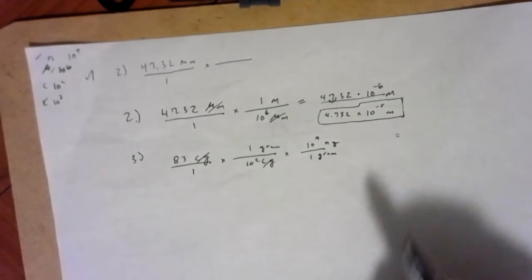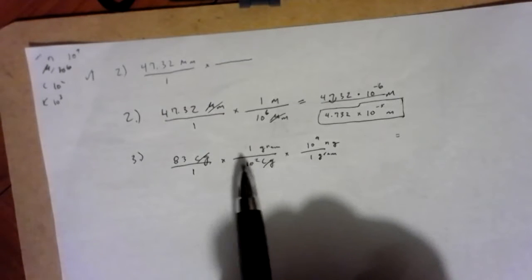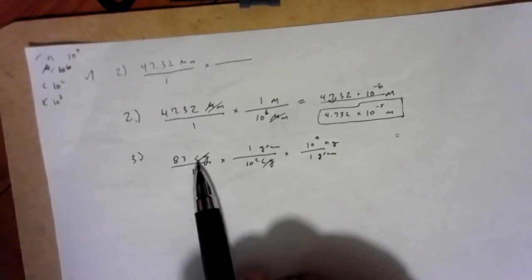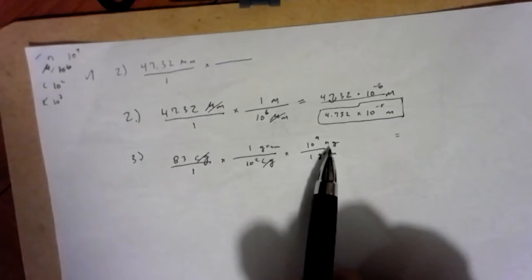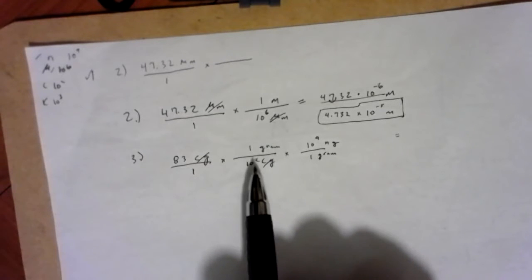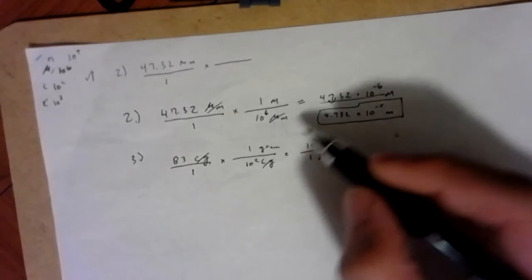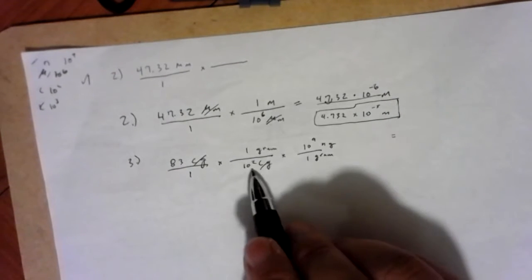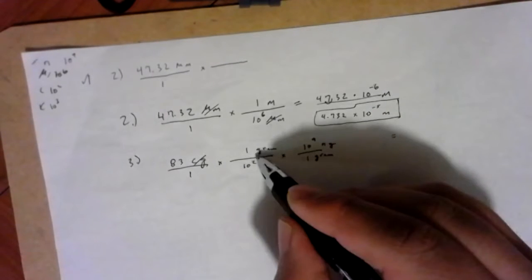So again, we're canceling out our units, right? So we're starting from centigrams, and we're ending up with something a lot smaller, from centigrams to nanograms. What that means is that our number is going to be actually a lot larger, right? So now all we need to do is just cancel things out. Let me cancel out grams first.